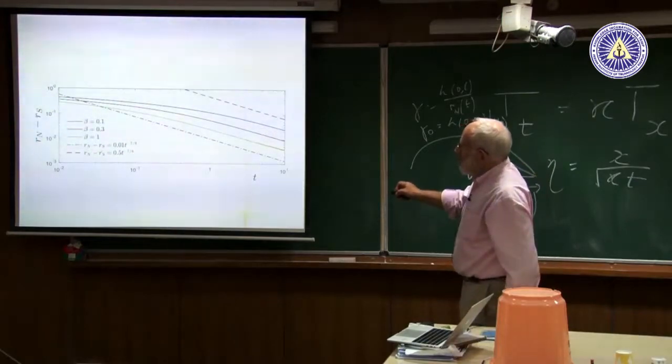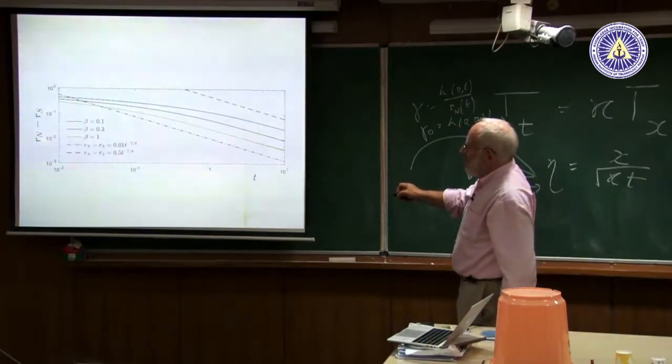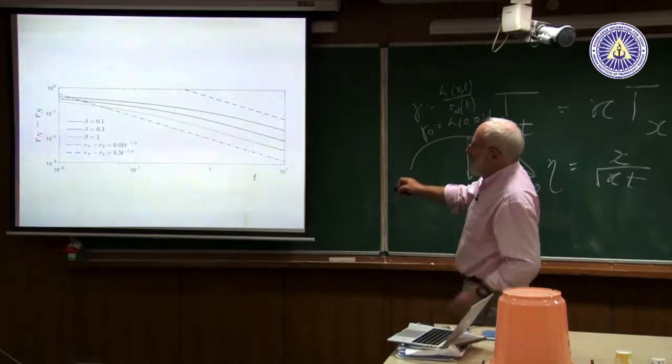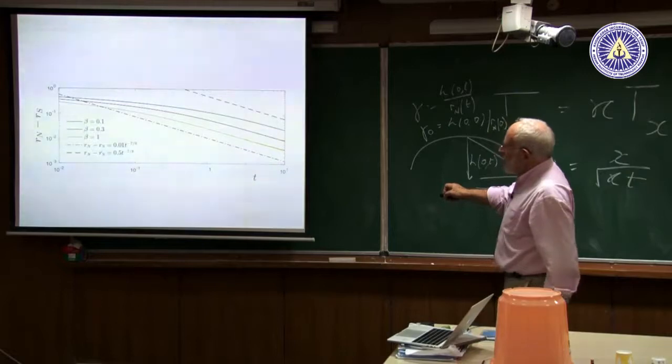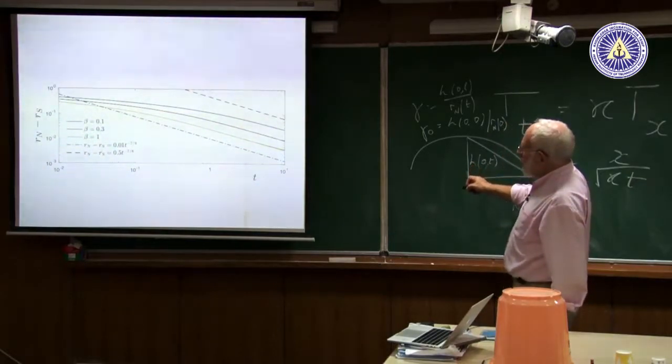So you can consider the difference between the numerically evaluated, the correct radius, minus the similarity solution radius, as a function of time for different values of beta.